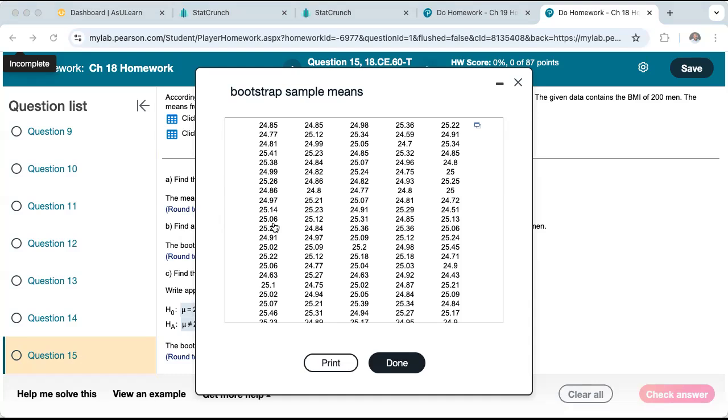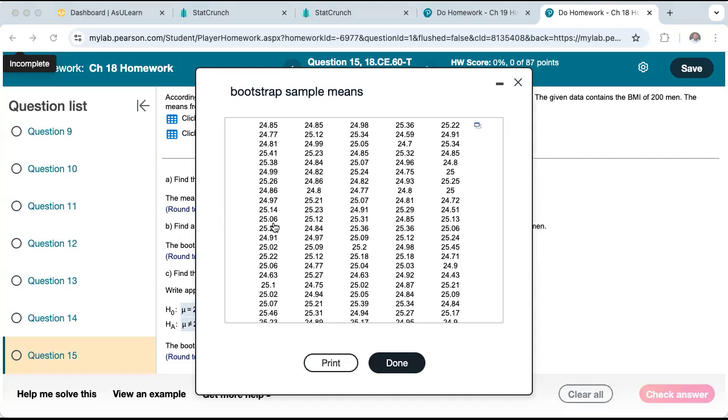So 24.9 minus 0.18, what would I get? That gives me 24.72. So do yours. What do you get?